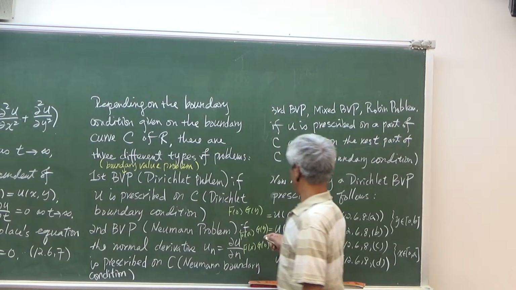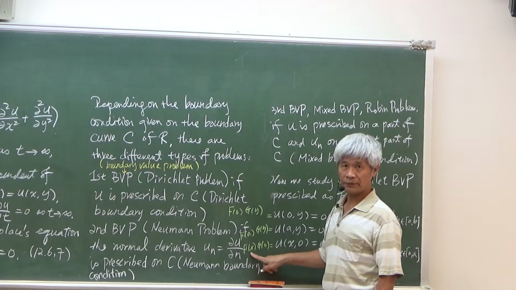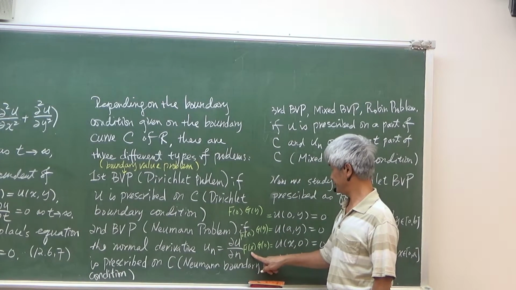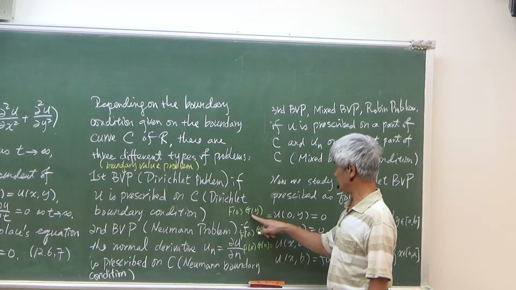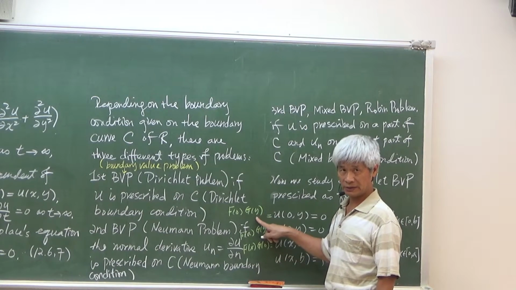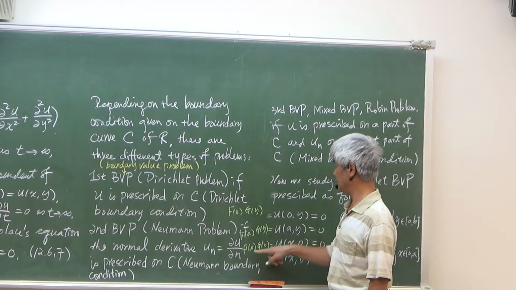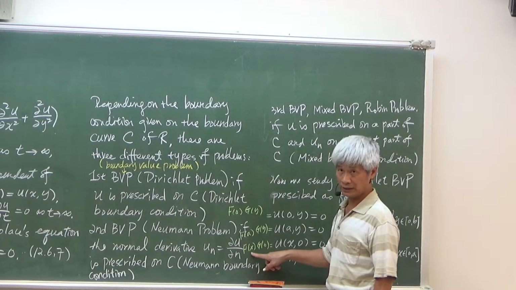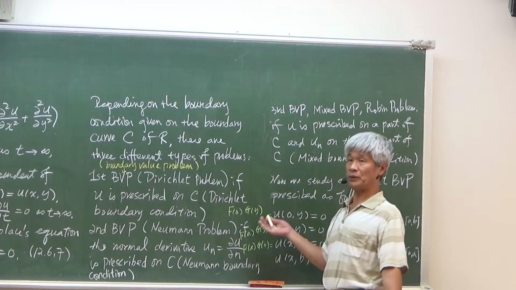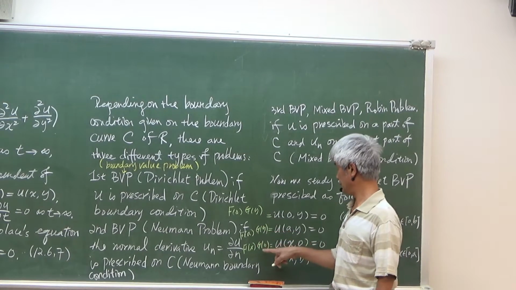Now, because f(x) cannot be identical to 0, and g(y) cannot be identical to 0, at least one of g(b) is not 0, at least one of f(x) not equal to 0. Otherwise, we will have a trivial solution, right?